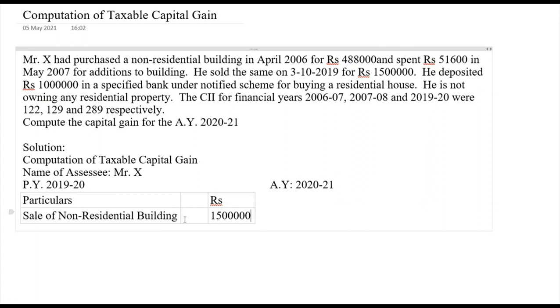Then less expenses connected with sale, if any. In this problem there are no expenses, so let's put a dash here. The difference is the net consideration, which is 15 lakhs.